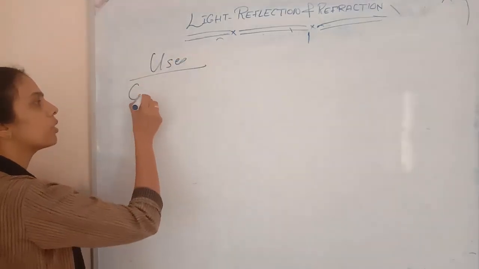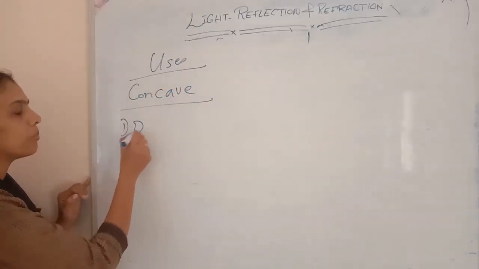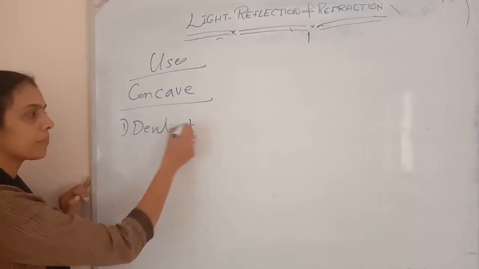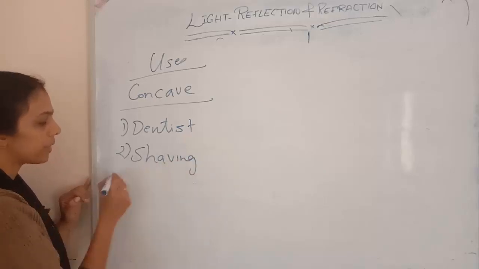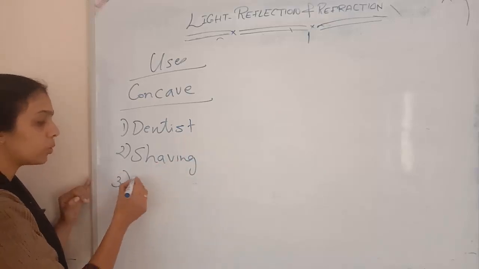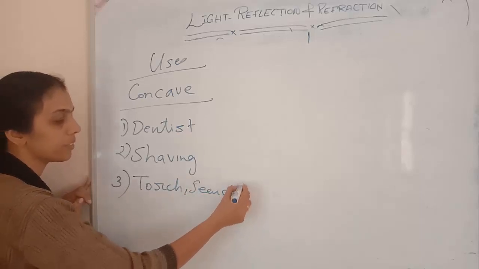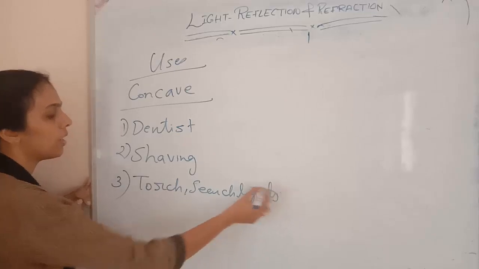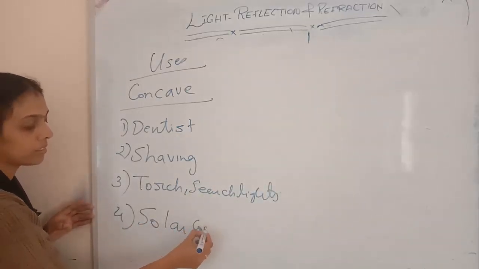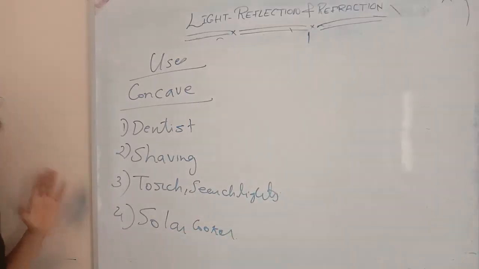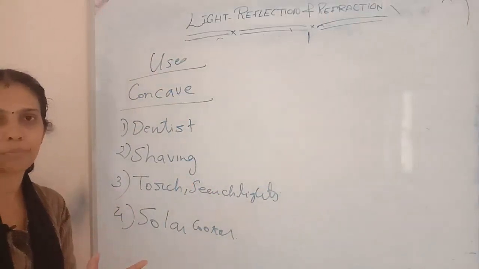Uses of concave mirrors: a concave mirror is used in dentist mirrors and shaving mirrors, and we use it in torches and searchlights, and it is used in solar cookers. In a solar cooker, the sun rays are parallel, and after reflection they converge at the principal focus.